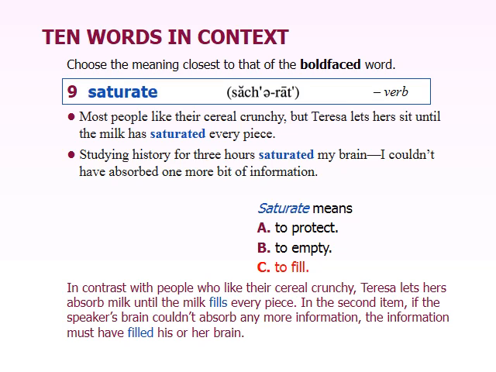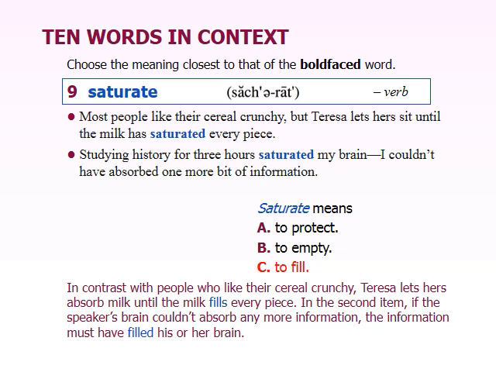So for example, if you go out in the rain, a heavy rain, your clothes will become saturated, meaning they'll become filled with water. In the first example, it's saying she likes her cereal to be saturated, meaning that all of the cereal is filled with milk.